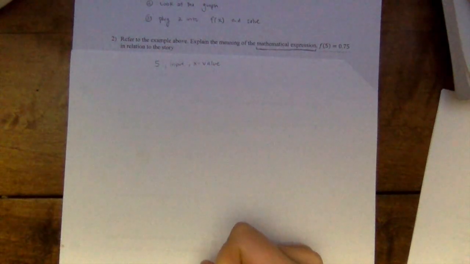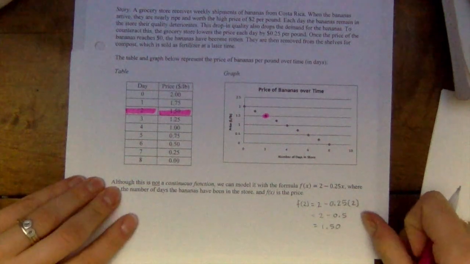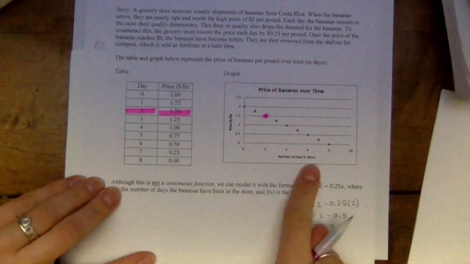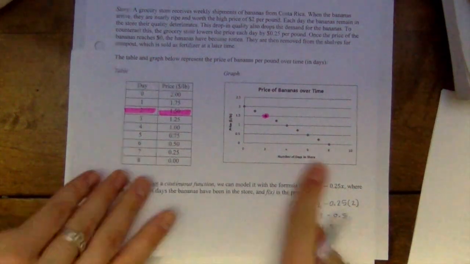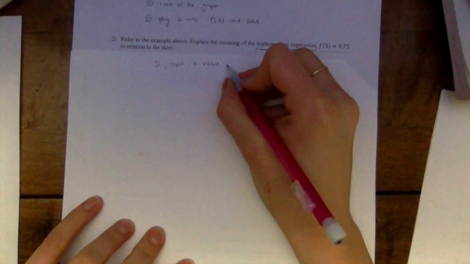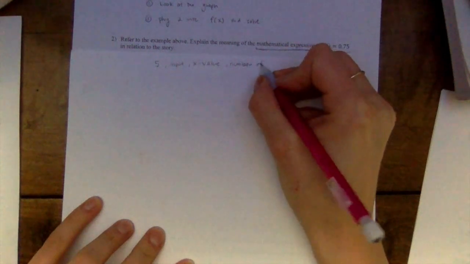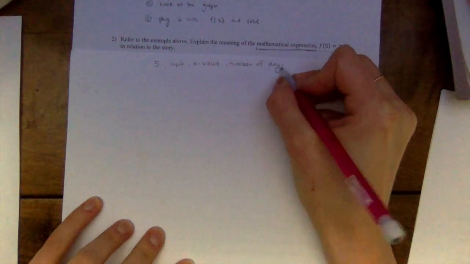Well, from the example in the front, the x is the number of days that the banana is in the store. So x, or 5 in this case, is number of days in the store.